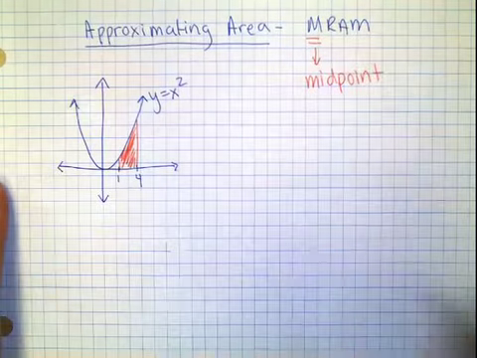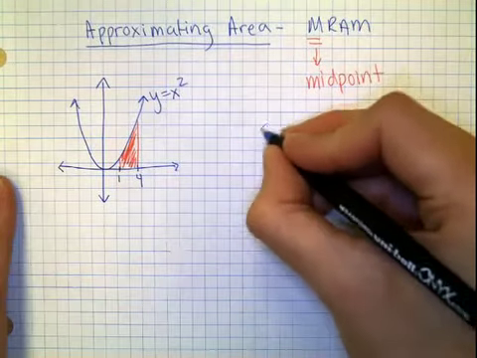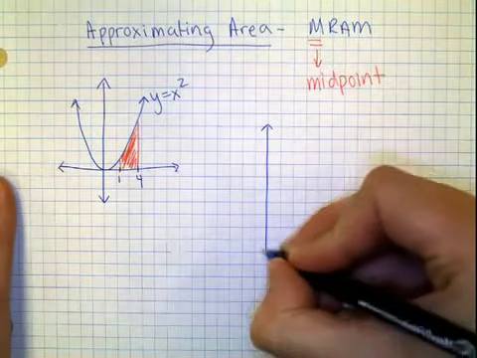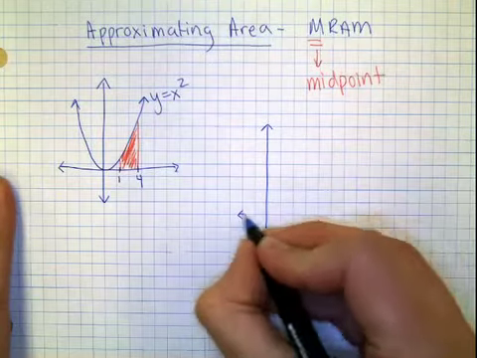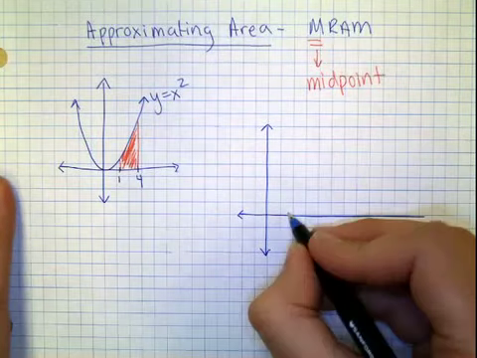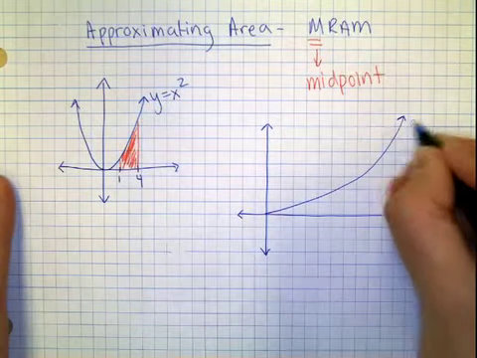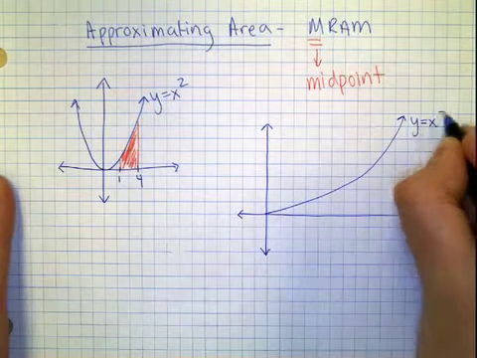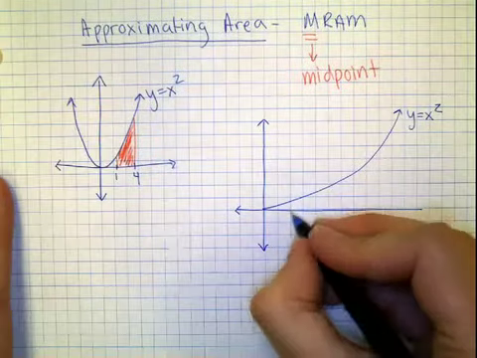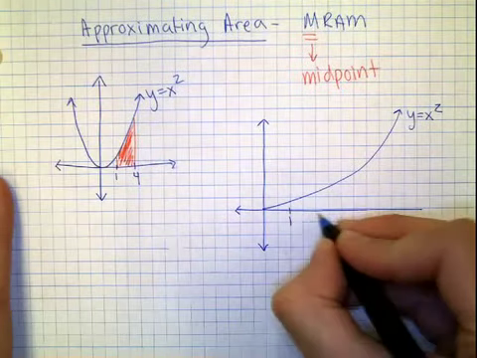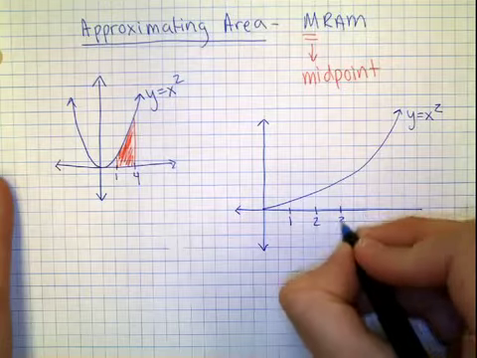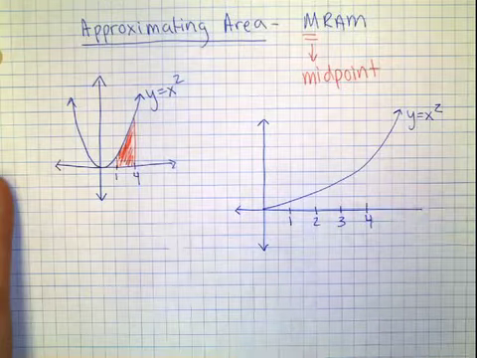Let's zoom in and draw it a little bit bigger. We only need a first quadrant graph. We don't need all this extra space. So here's my first quadrant, and I'm going to draw a big y equals x squared. Let's say here's 1, here's 2, here's 3, and here's 4.